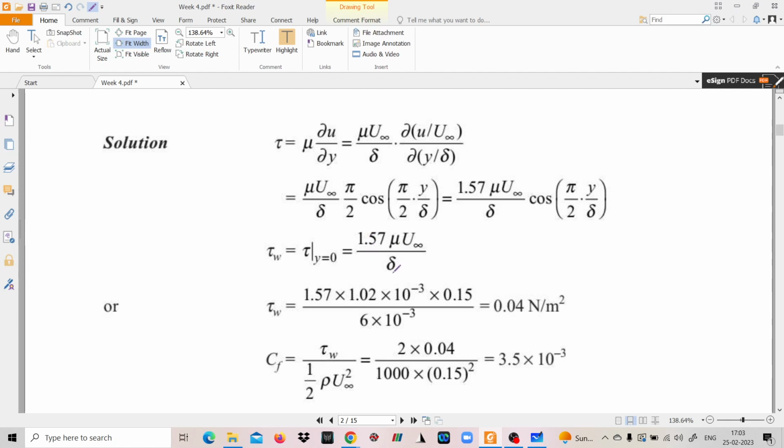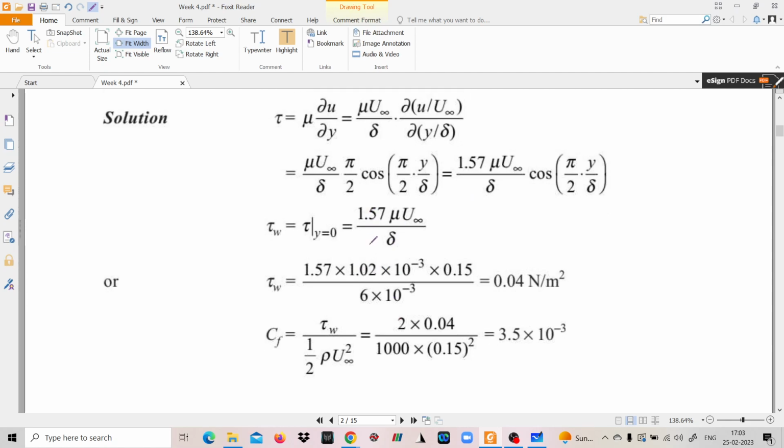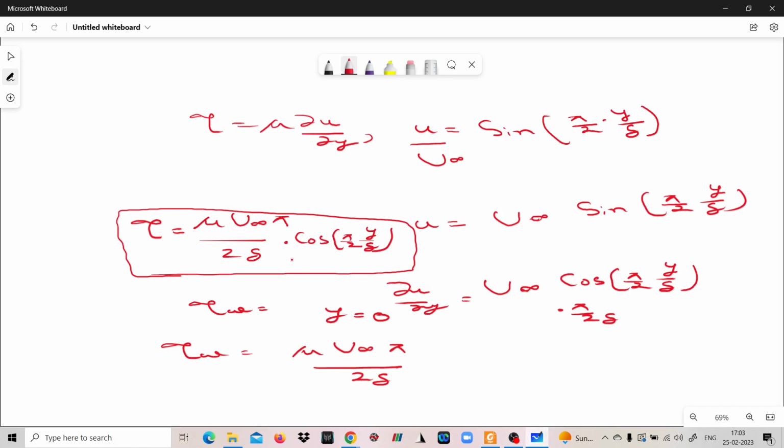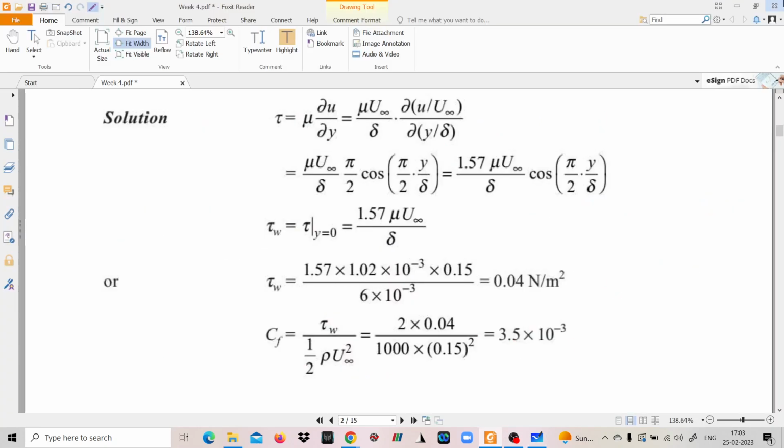So this is the thing that you are getting. This is 1.57 mu u infinity by delta, so pi by 2 basically. 3.14 divided by 2 is approximately 1.57. That's it, and at y equal to 0, this is the value.